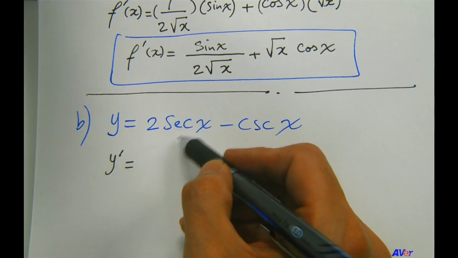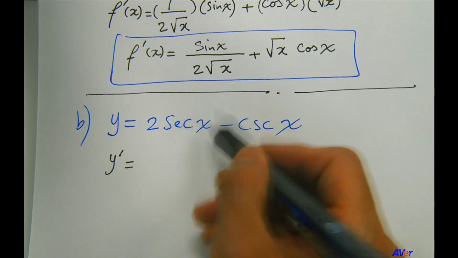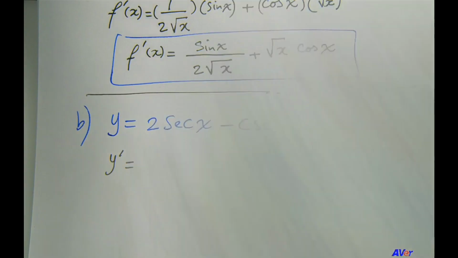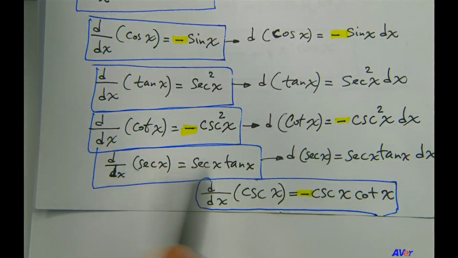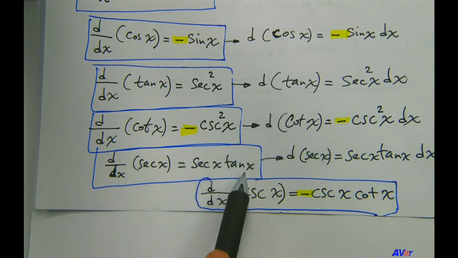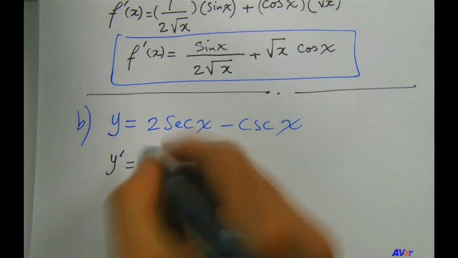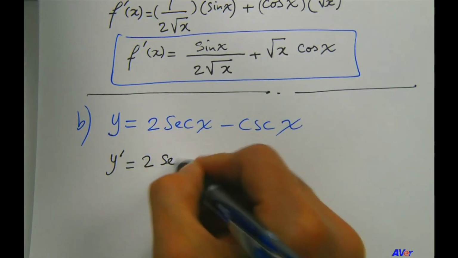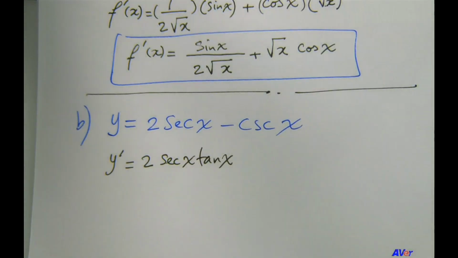Secant of x has derivative secant x times tangent of x, right? Let's bring this back. So the derivative of the secant function is secant of x times tangent of x. So we have 2 secant of x tangent of x.